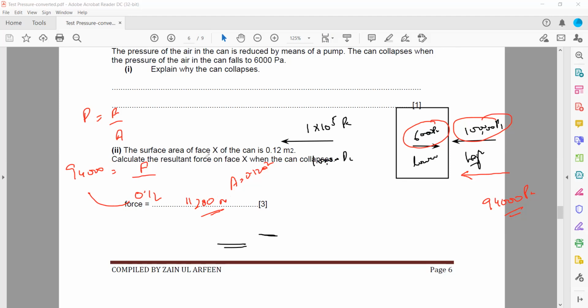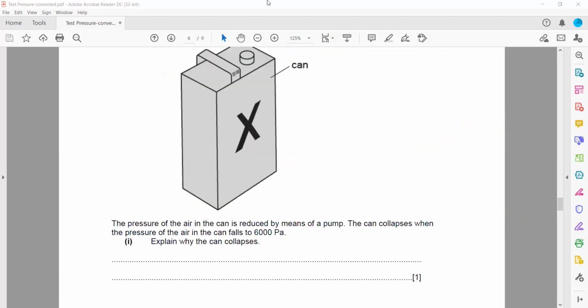Discussion? As you can see in the question, they mention this is a can. It is filled with air. The air is exerting 6,000 Pascal and the atmosphere is exerting 1 exponent 5, or 100,000 Pascal.